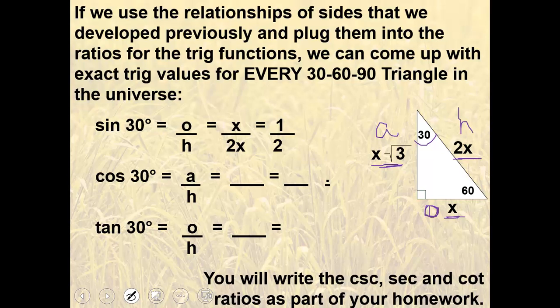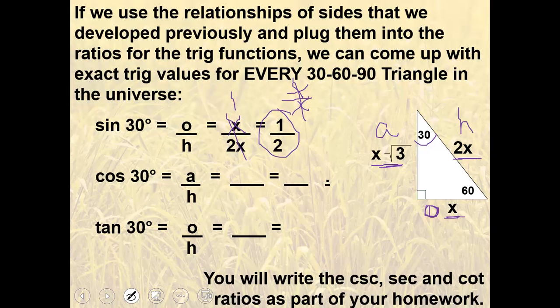Now let's just plug these in and see what we can cancel out. Alright, the side opposite is x. So I plug in an x. The hypotenuse is 2x. Now if I have x divided by x, what does that become? 1. They cancel. So this simplifies to 1/2.